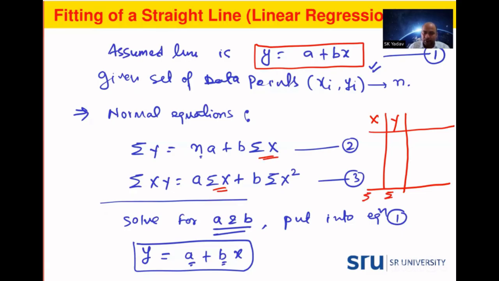Then I need to compute x square and take summation of this column, and the rest xy. So these two additional columns I have to compute for writing these two equations for given data sets.